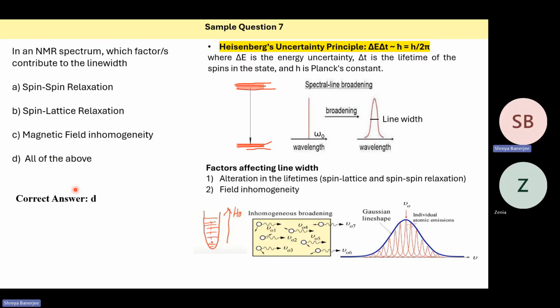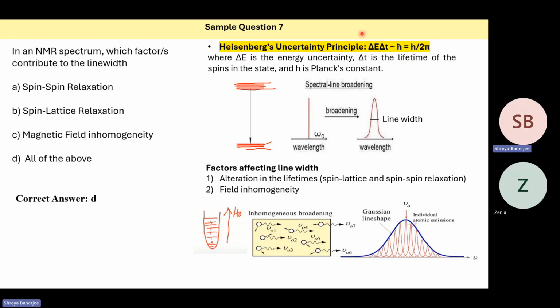So which factors are contributing to this spectral line broadening? Magnetic field inhomogeneity, yes, it is one of the factors. Spin relaxation or spin lattice relaxation, how do these contribute? Basically, when I was discussing this, the point that I did not put too much stress on was the lifetime.